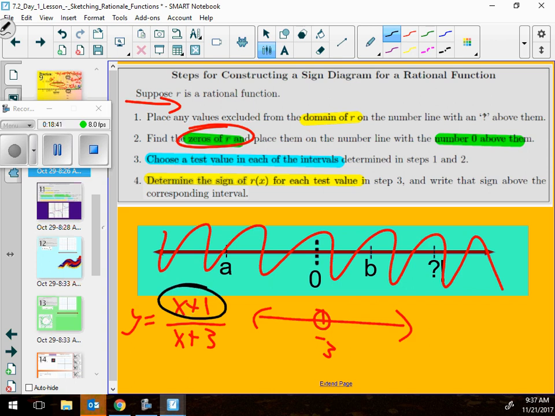So -1's also important. I want to put -1 on this. I have to be careful where I put it. There's -1. That's an important spot. Now, this is important. Will that spot crash my function? No. It's just a 0 of the function. So I put a 0 above it. And this little thing, it says I'm supposed to put a question mark above it.